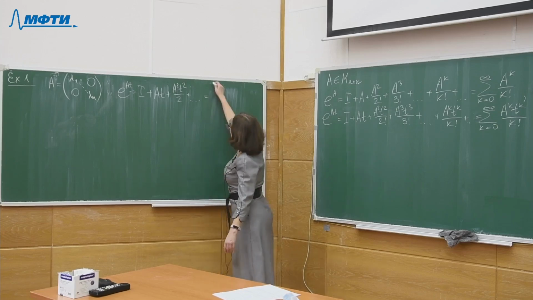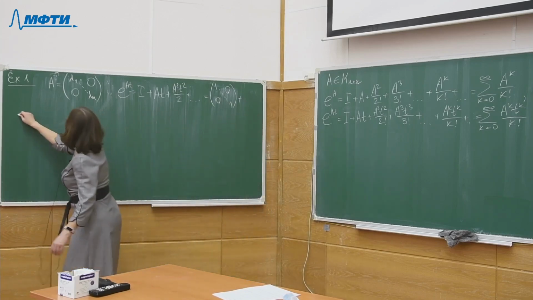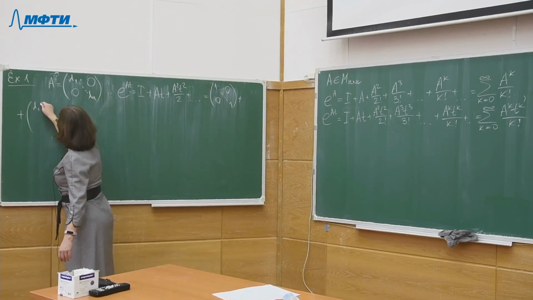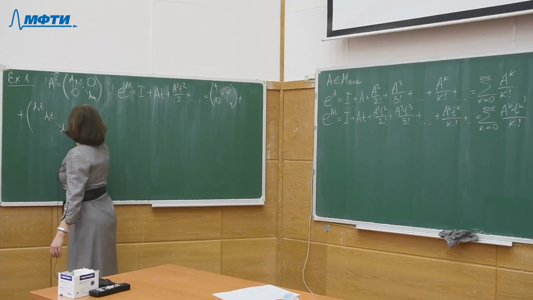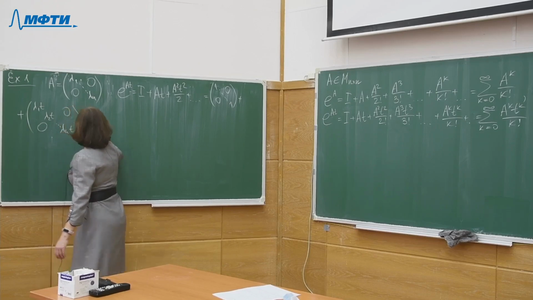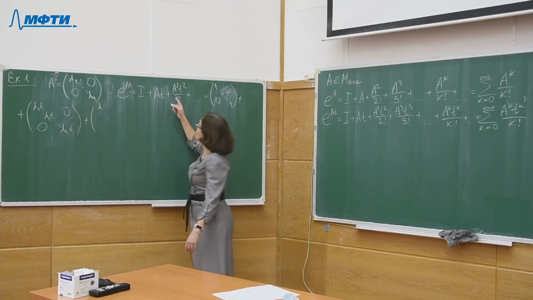Identity matrix is this matrix. Next, we need to add At. At is lambda 1 t, lambda 2 t, dot dot dot, lambda n t on the diagonal, and zeros. Plus, what is A squared?